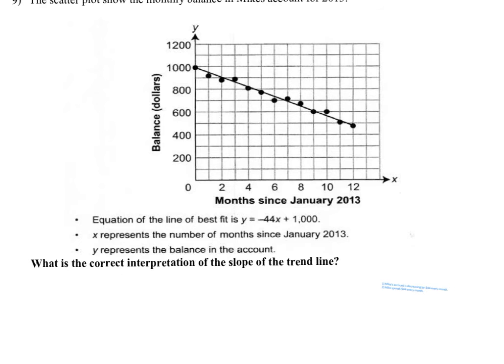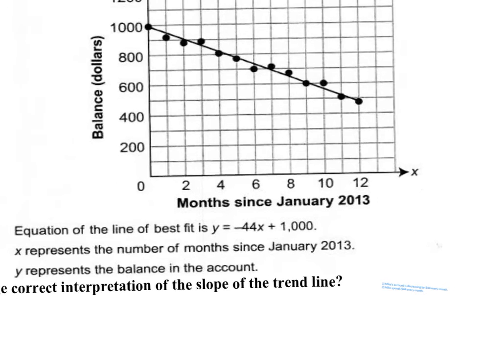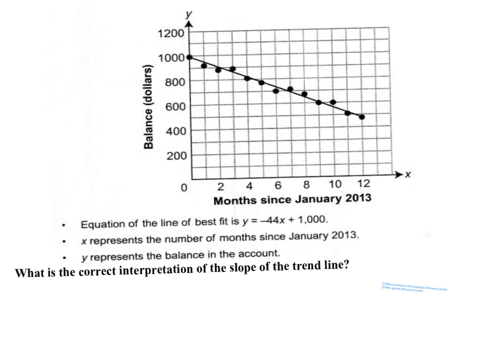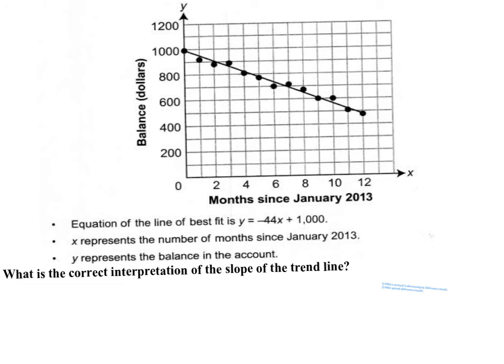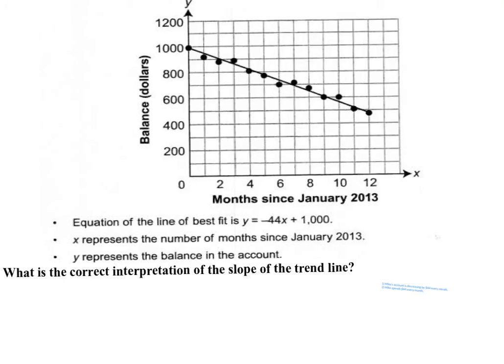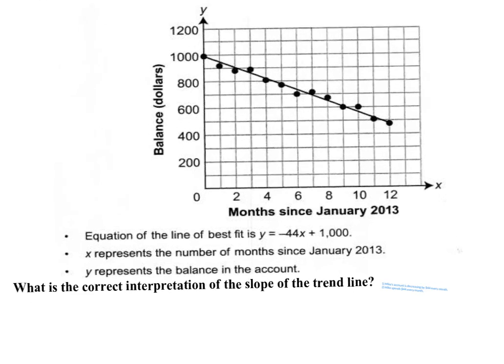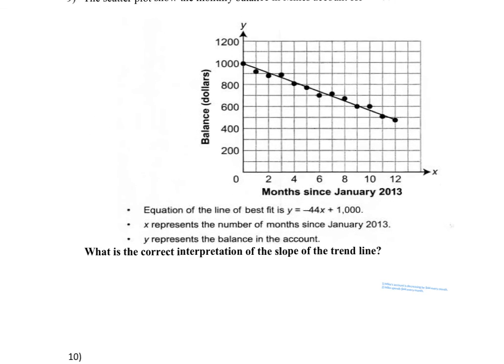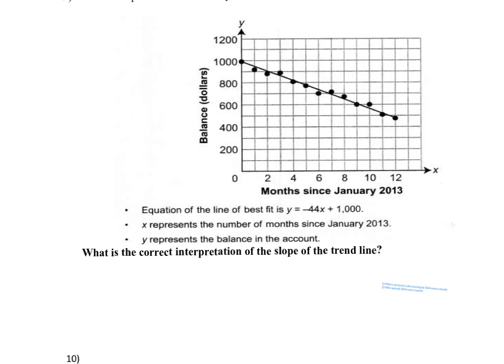For example, the account for Mike was $1,000 when x equals 0, but every month we can see that the account is decreasing by $44. So the question is, what is the correct interpretation of the slope of the trend line? I want to interpret the slope.